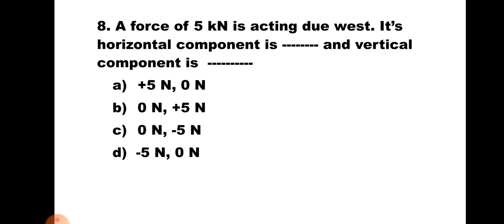Now, just like the previous one, here the force is given horizontal. It is due west, means towards left, means its horizontal component will be minus that force and vertical component will be 0. Hence the correct answer will be minus 5 Newton and 0 Newton. That is D, minus 5 Newton, 0 Newton.